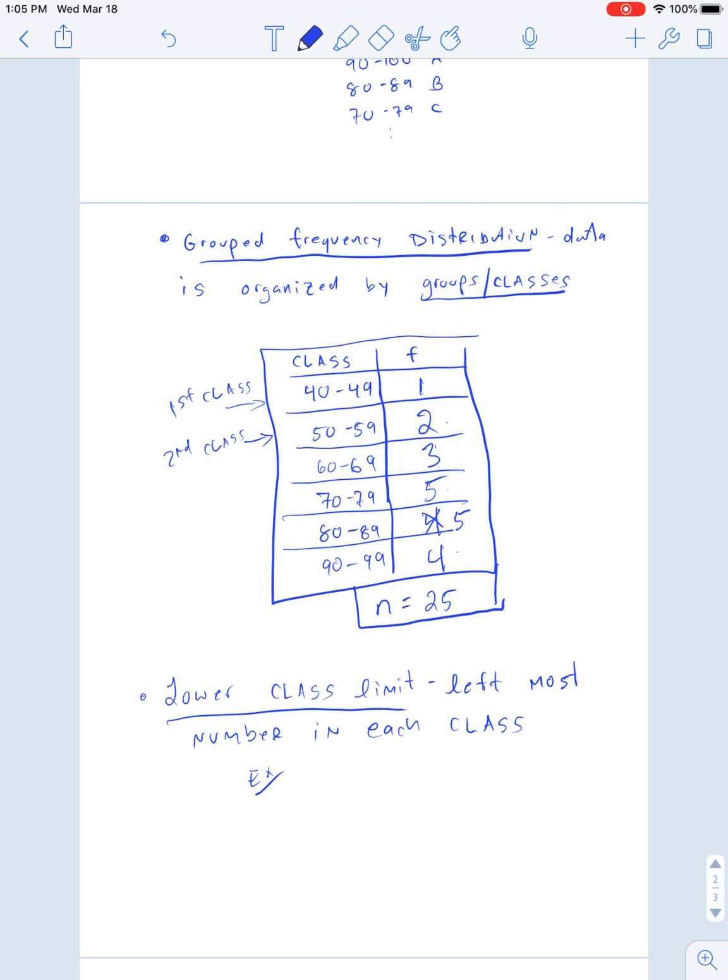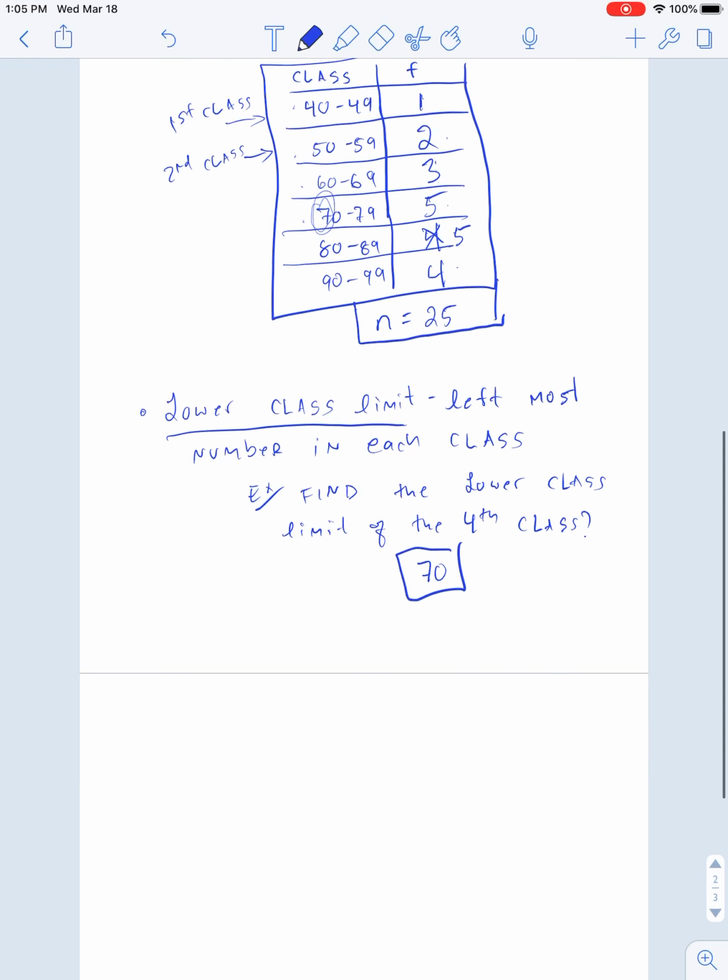So an example: find the lower class limit of the fourth class. This is the first, second, third, that's the fourth. The leftmost number would be 70.